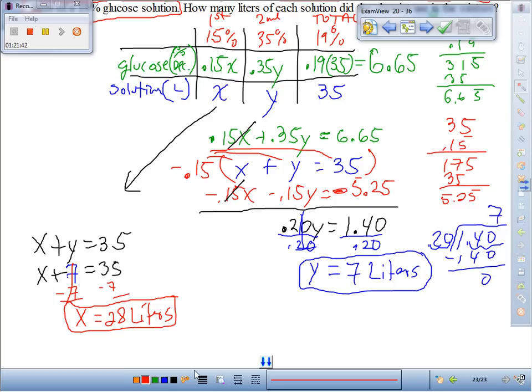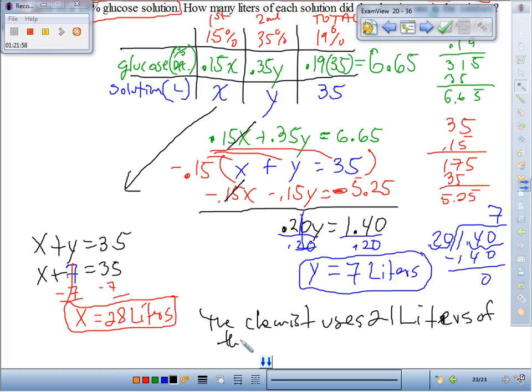Our statement. Here we go. The chemist uses 21 liters of the, what percent? Oh, 28.